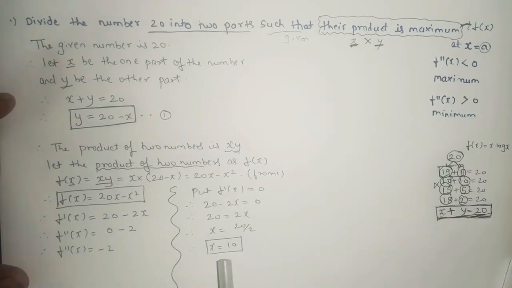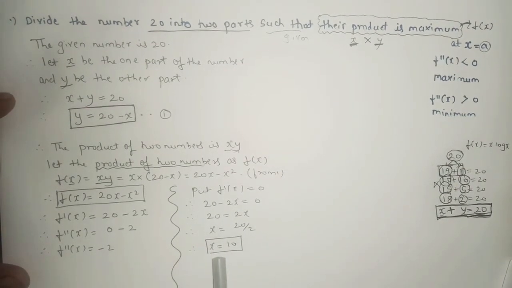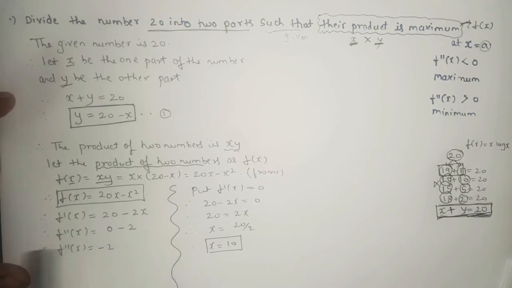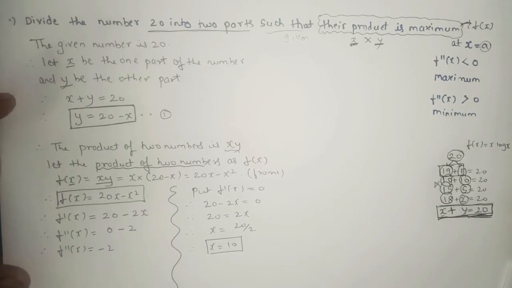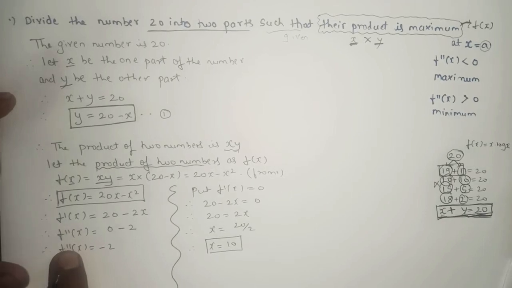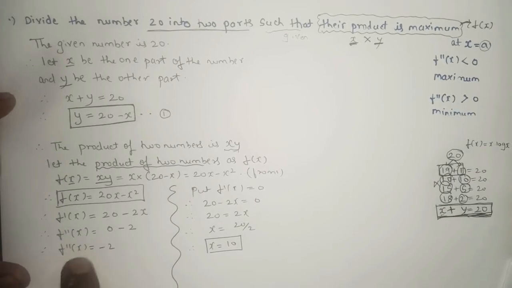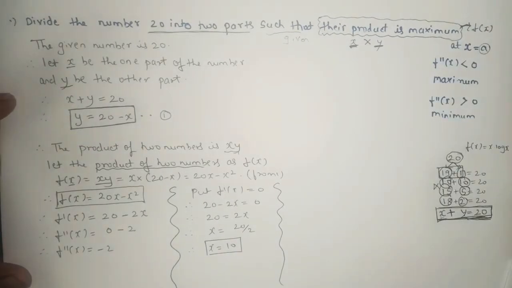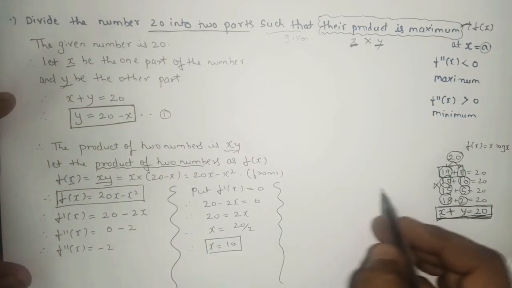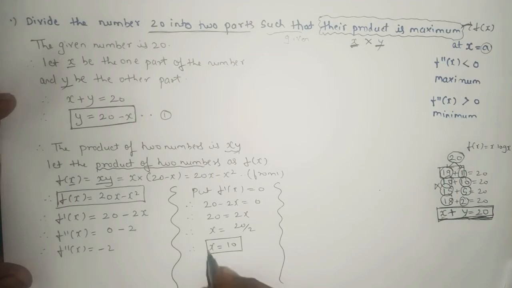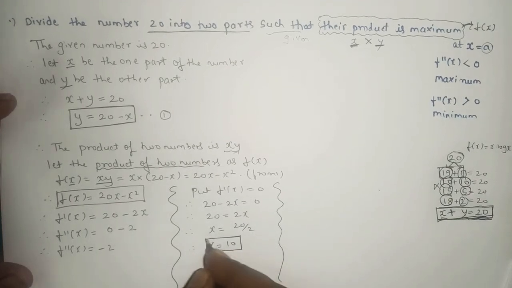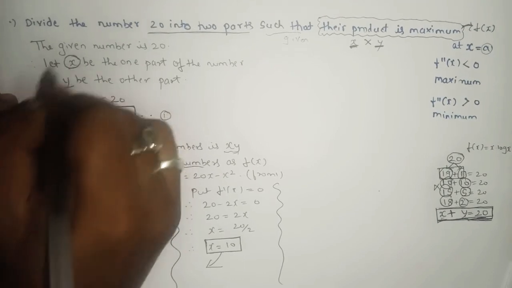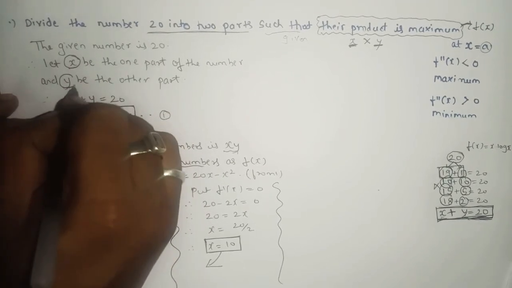So after substituting x equals 10 in the second derivative test, the function has to be maximum. Here we clearly see that we got the value of x. So the first part we took as x, and the second part we took as y.